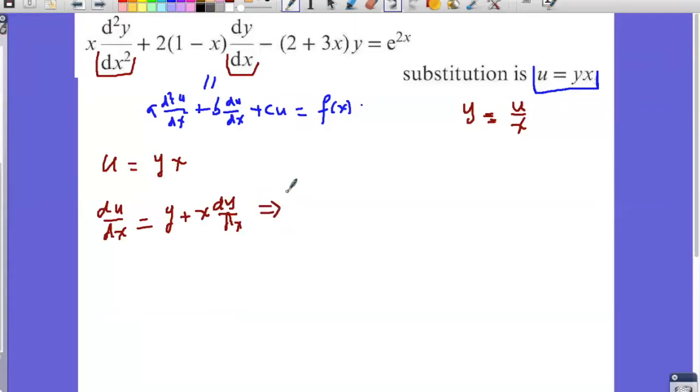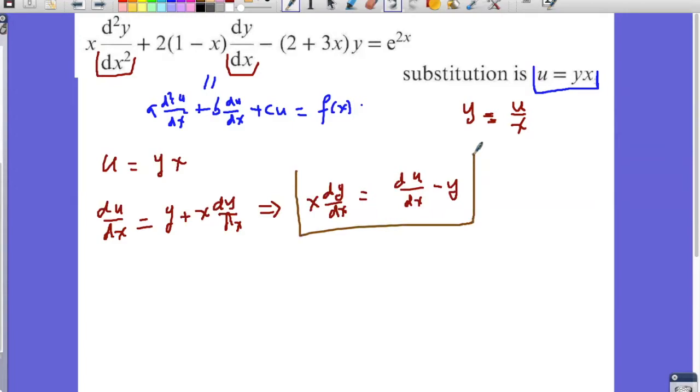I will then say, therefore, x dy dx is equal to du dx minus y. This is important because I know when I will expand this, I will have x dy dx. So I can leave it in this form. I don't need to find dy dx only. It will make it more complicated.